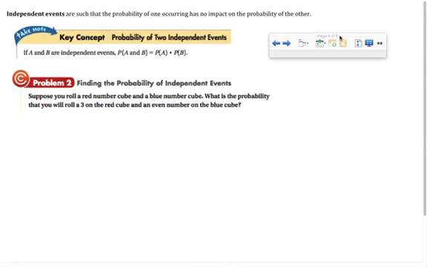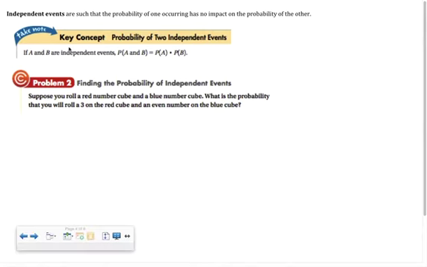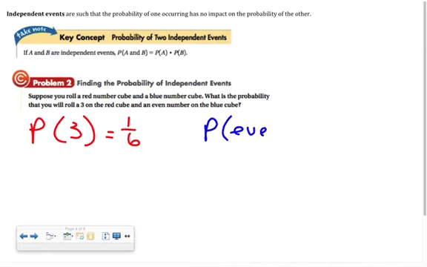So in problem 2, you see that I'm rolling a red number cube and a blue number cube. Those events are independent. And so what is the probability that we will roll a 3 on the red cube? That is 1 out of 6. And then the probability that I will get even on the blue cube, that's 1/2, 3 out of 6.